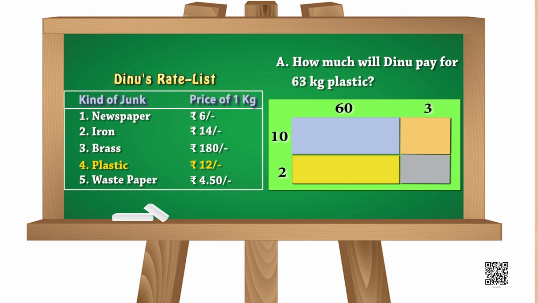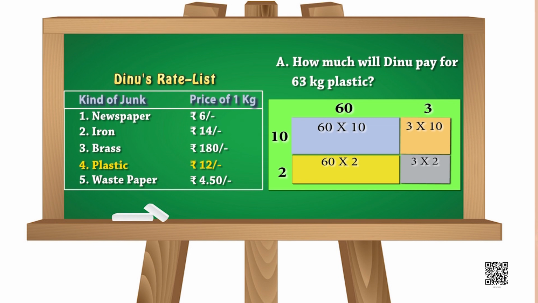If we cross multiply them, using all the 4 numbers, all the 4 boxes are occupied with numbers. Now, 60 into 10, 3 into 10, 60 into 2, 2 into 3.